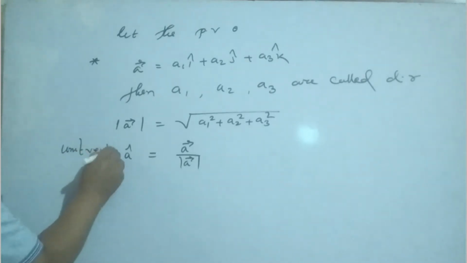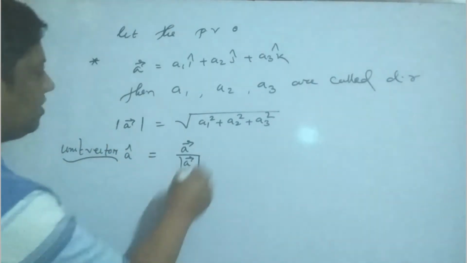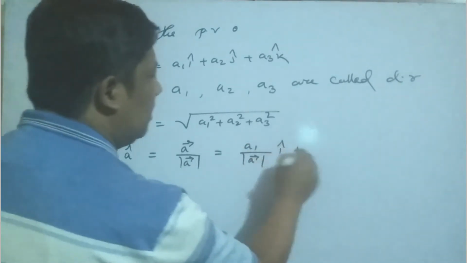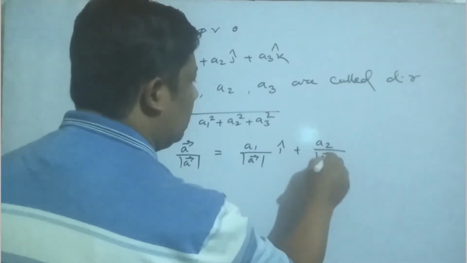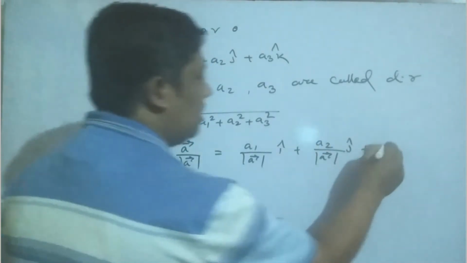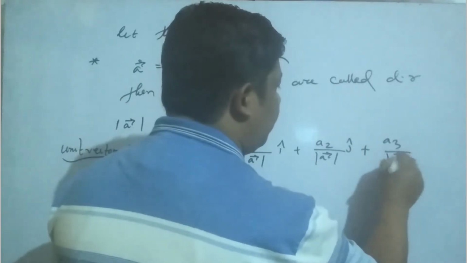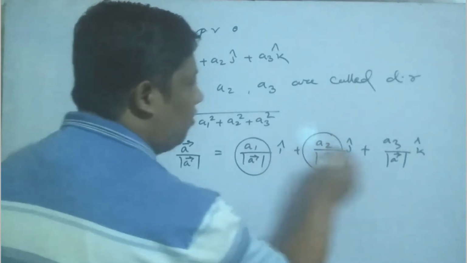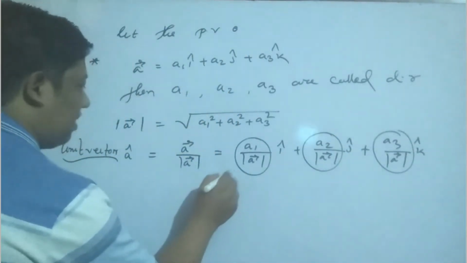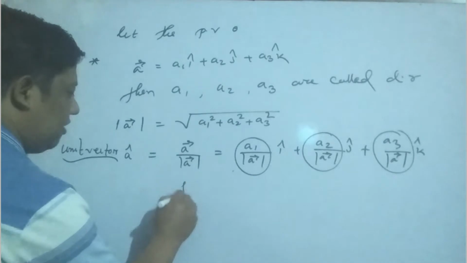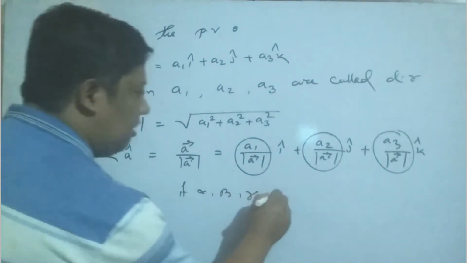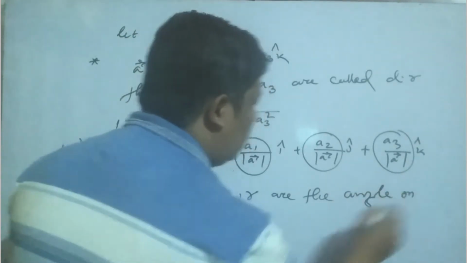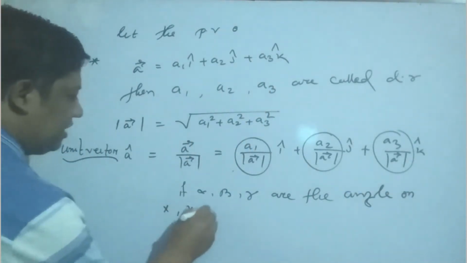Then I get a1 upon magnitude of a i, a2 upon magnitude of a j and a3 upon magnitude of a k, and these coefficients are called the direction cosine, denoted by alpha, beta, gamma, the angles on the x, y, z axes.